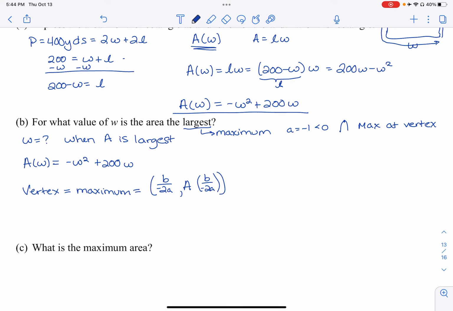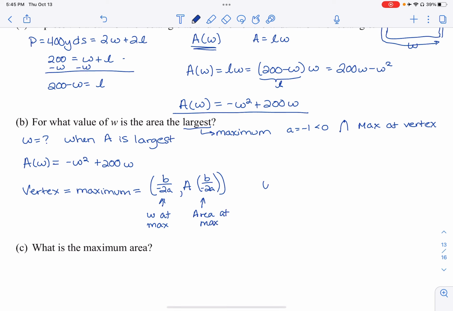And remember, this is my max width, or my width when it's max. Let's read it that way. This is my W at the max, and this is my area at the max.